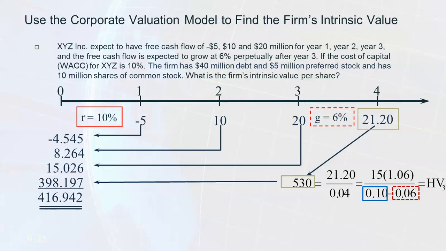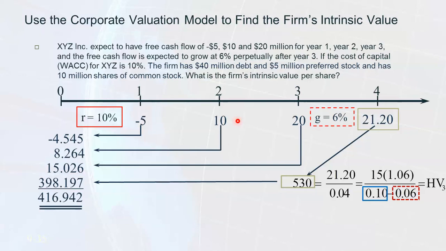So you know exactly the value of future free cash flows at time 3. It's similar to the dividend discount model. You're going to be finding the value at time 3, because after time 3 the cash flows are constant growth. We call that number the terminal value or horizon value, and find the present value of all these cash flows.